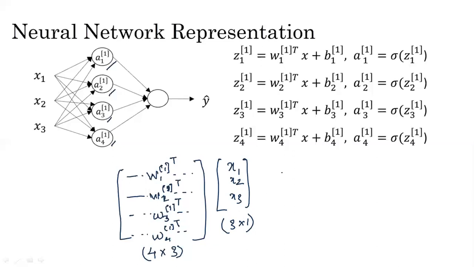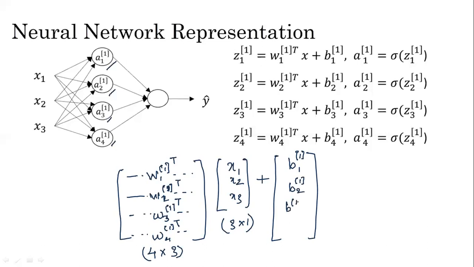Also, I need to add a base value, that is the parameter B, to this dot product. So I'll create another column vector for this, with values B11, B12, B13 and B14.